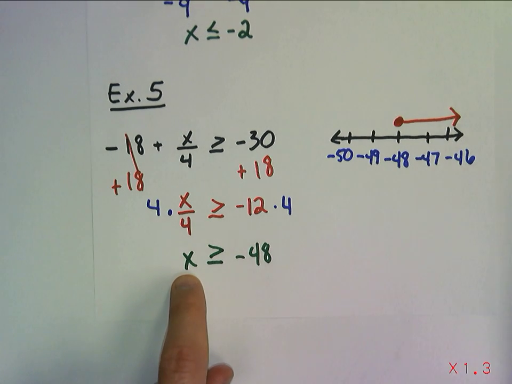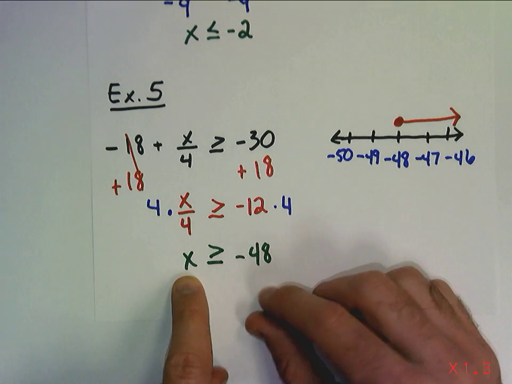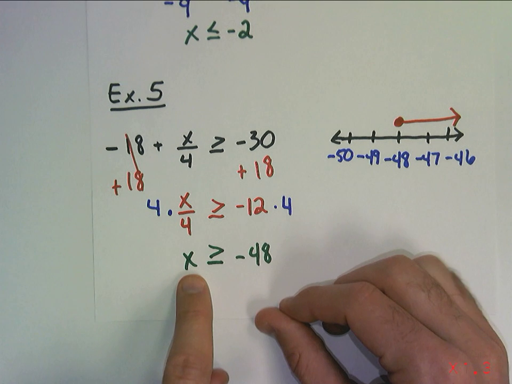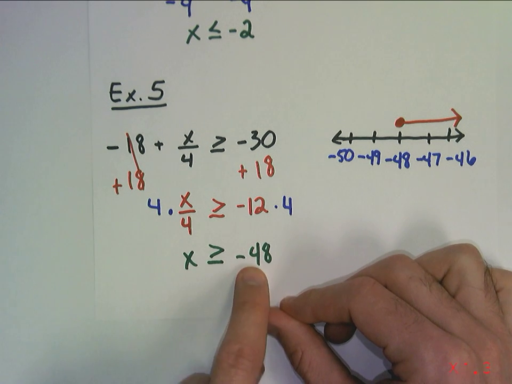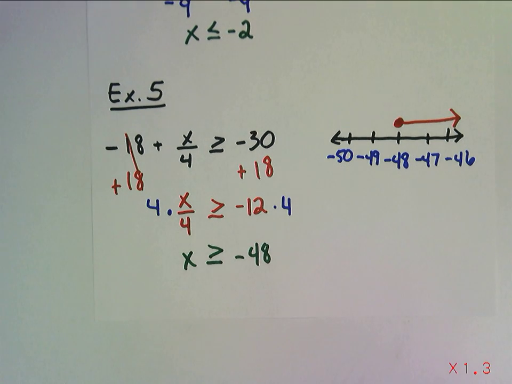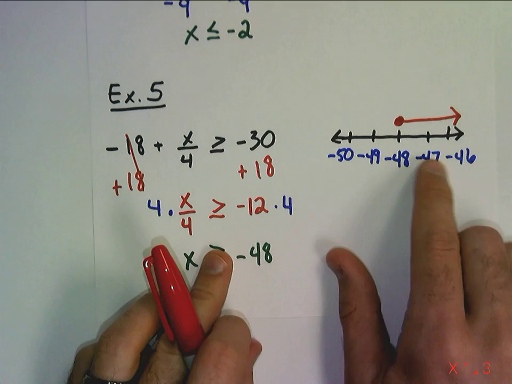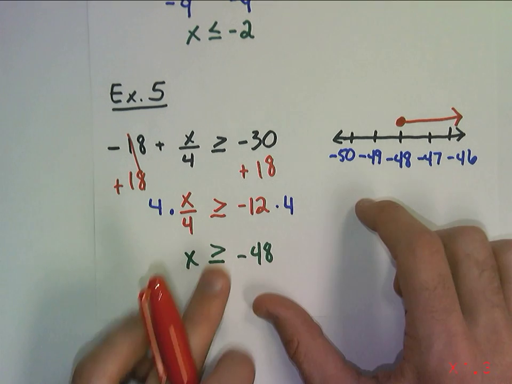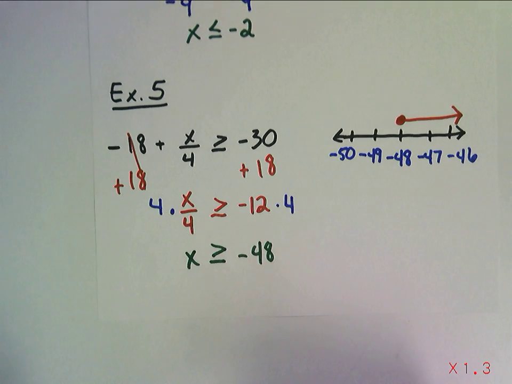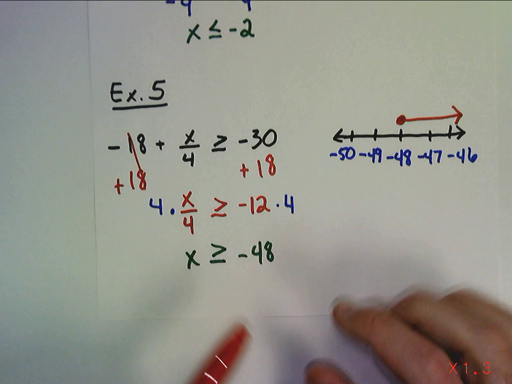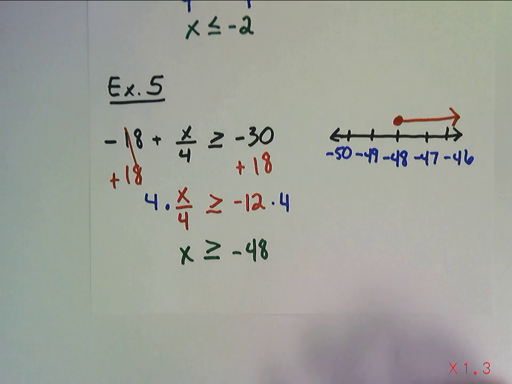So if I were to put, let's go all the way back to 0. If I put 0 in here, 0 is greater than or equal to negative 48. Yes, that's true. So you can test any numbers to see if this makes this inequality true. And I would recommend doing that because that's another good check to ensure that you have the correct answer.